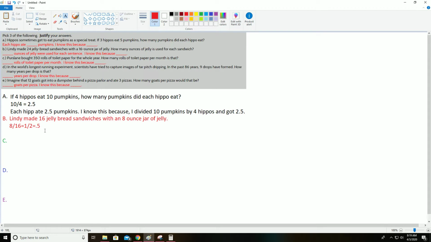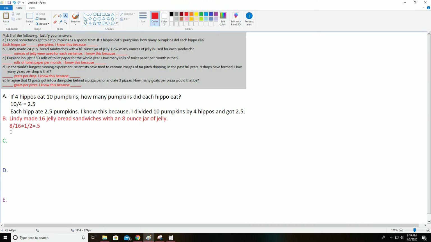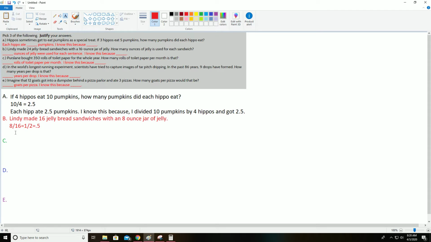All these are the same, they're all equivalent. So let me show you with my calculator too. 8 divided by 16. We get a half. So that means that she used a half ounce for every jelly sandwich if she made 16 jelly bread sandwiches.